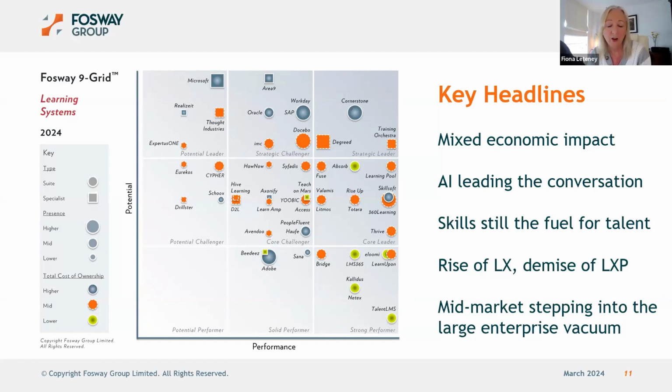And as I said earlier, the mid-market can only afford one system. The learning experience is hugely important to them, as with everybody, but they need the existing systems, or certainly the suites, to step up and provide that learning experience as part of the system.